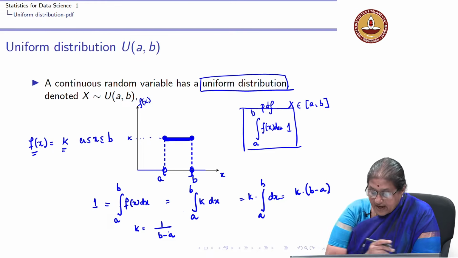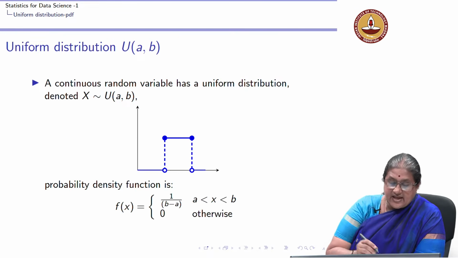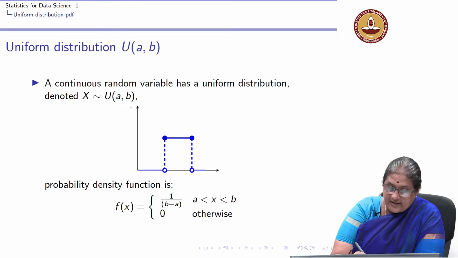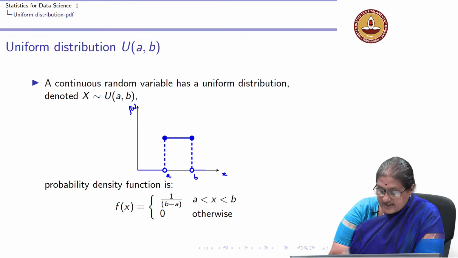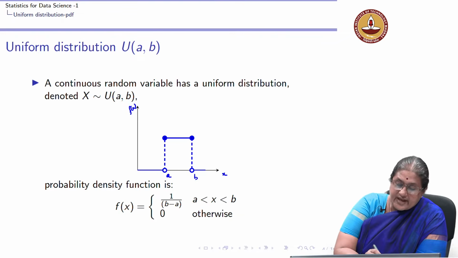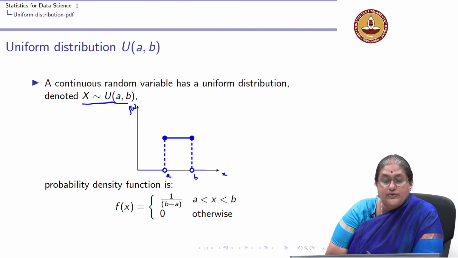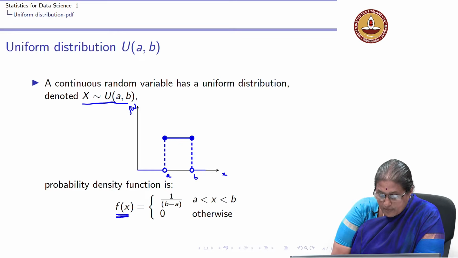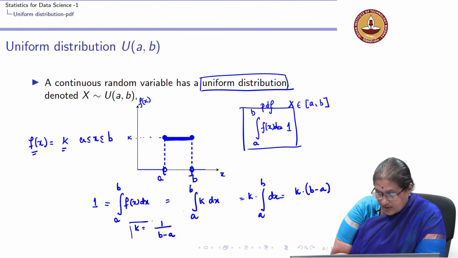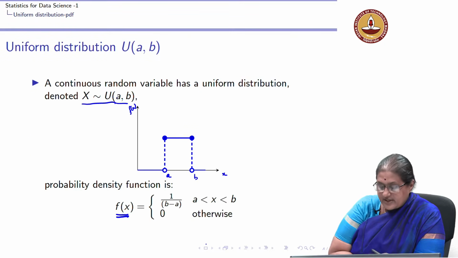So, what we have achieved here is f of x between a and b, and this is x. If x is a uniformly distributed random variable in an interval a to b, then we have obtained the constant equal to 1 by b minus a.